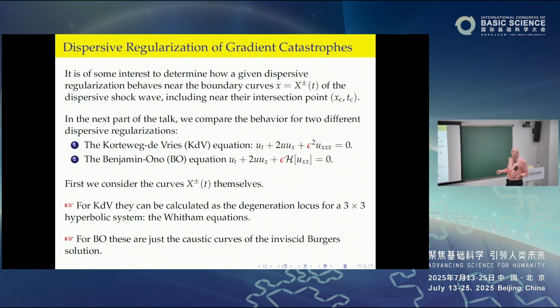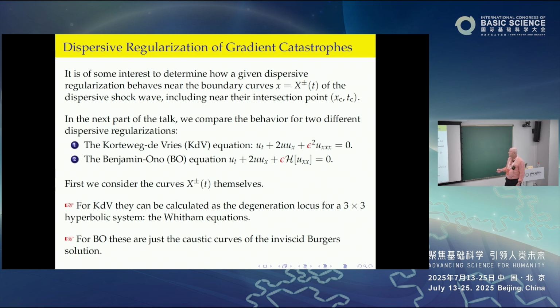That's how you find the answer for KdV. It's quite complicated, really, but it can be done. However, for Benjamin-Ono, the answer is a lot easier. In fact, we already talked about it. They are just the caustic curves for the inviscid Burgers equation. In other words, the curves in the xt plane where you have ambiguity as to how many branches of the solution you actually have.